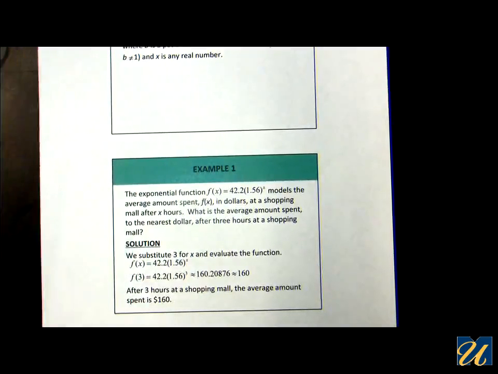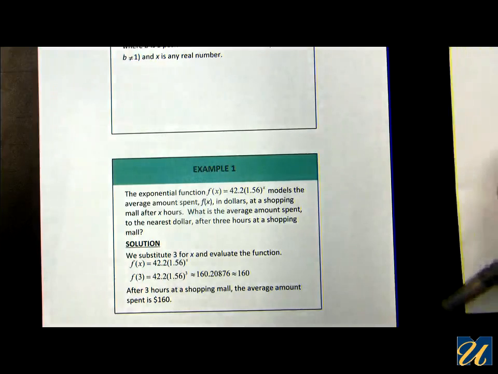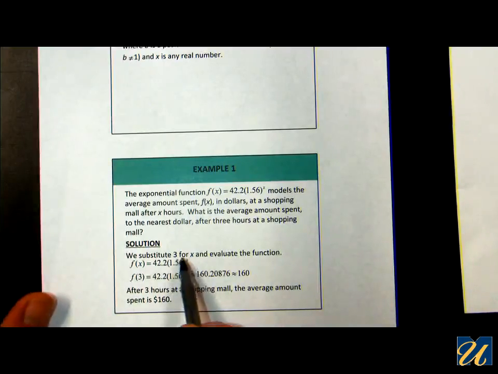This exponential function models the average amount spent in dollars at a shopping mall after x hours of shopping. What is the average amount spent to the nearest dollar after 3 hours at a shopping mall? Since x measures the amount of time that we've been shopping at the mall, and 3 hours have elapsed, x is equal to 3.